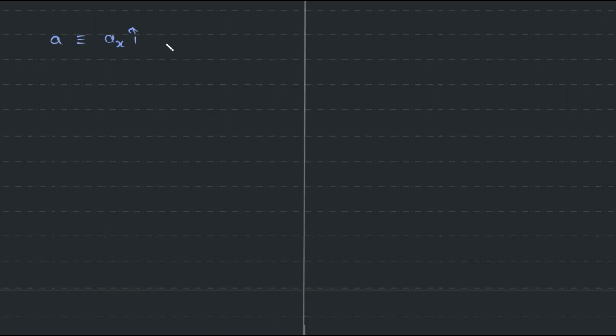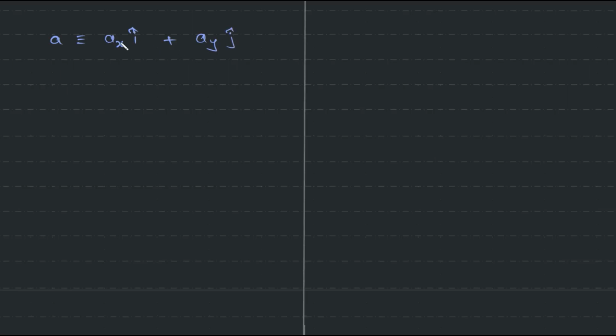So let me write it off. So it's again left to us to define the way we want. So A is defined as change along your x-axis, plus change along the y-axis.